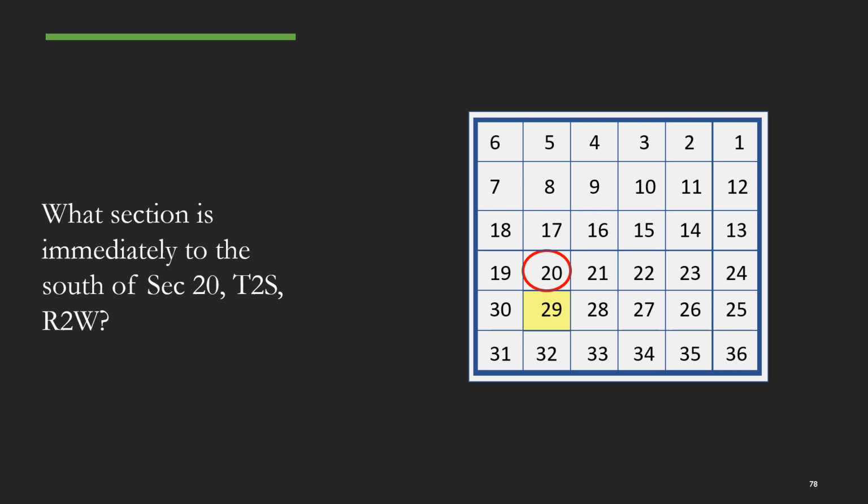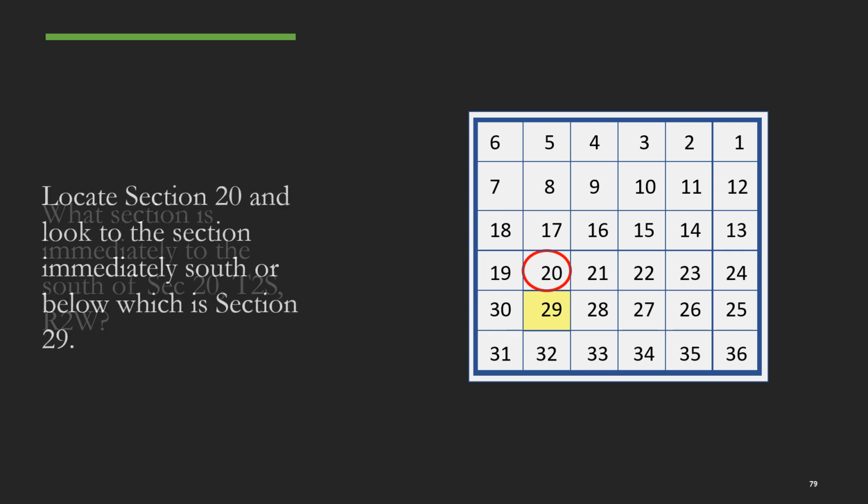What section is immediately to the south of section 20 T2S R2W? To find the solution, locate section 20 and then look to the section that is immediately south or below, which would be section 29.